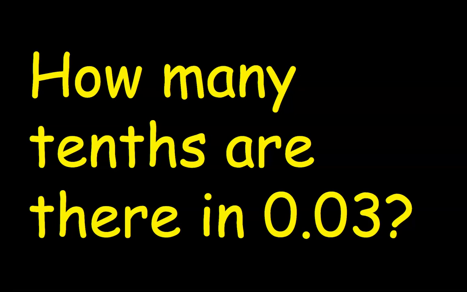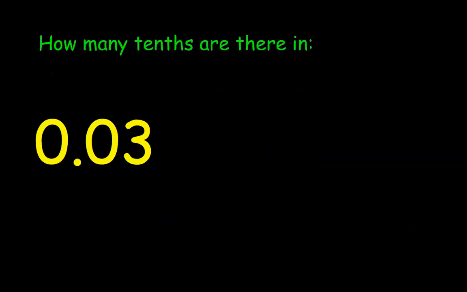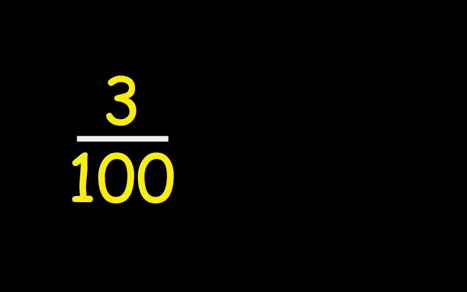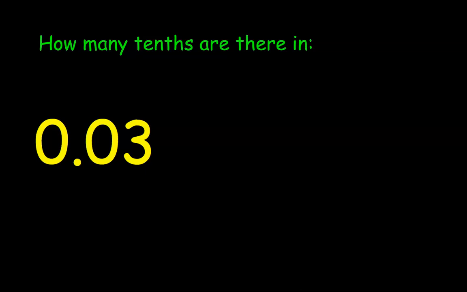All right, let's have a look at this one. How many tenths are there in 0.03? No pizzas. Okay, we also know that's the same as 3/100ths. Now you can see there are no tenths. This number is smaller than 1/10. Right, that's also 3/100ths, isn't it?